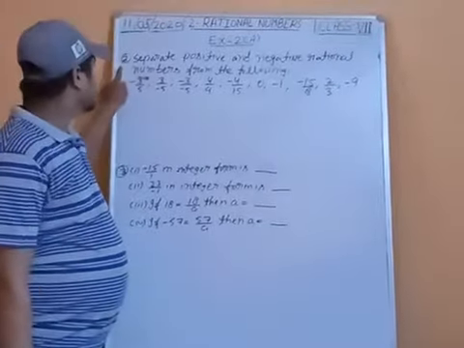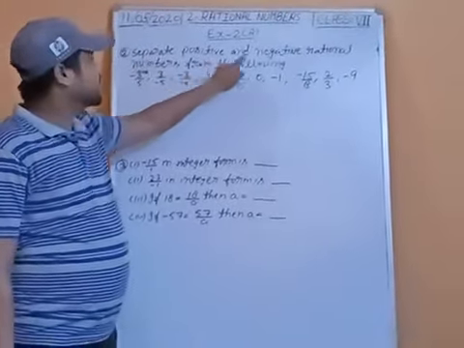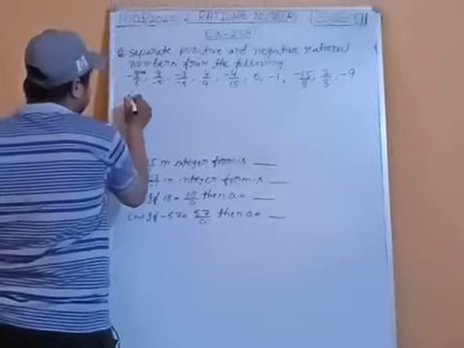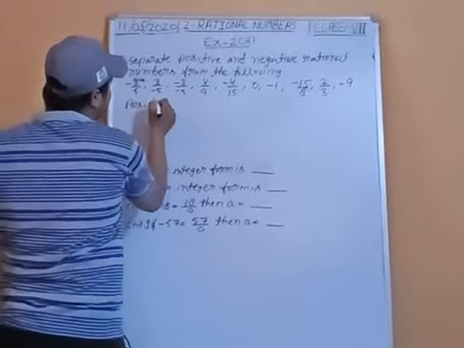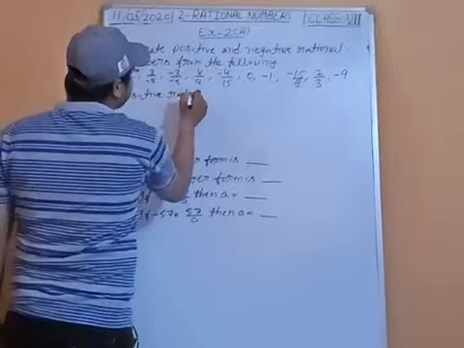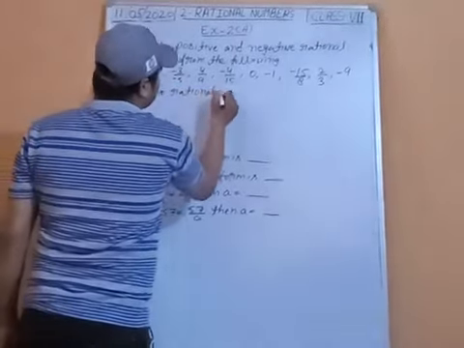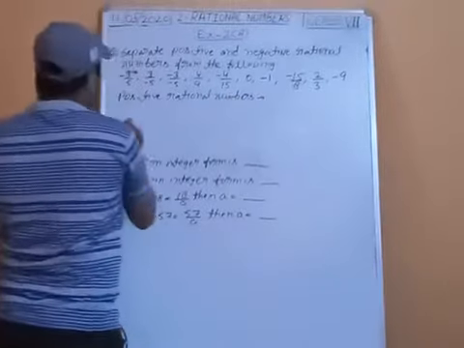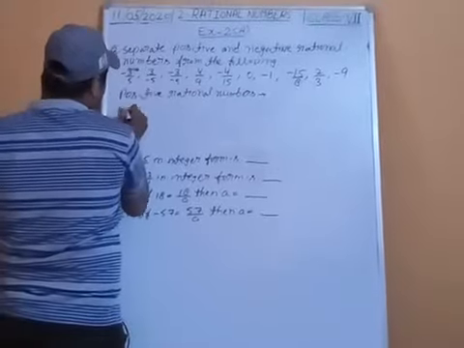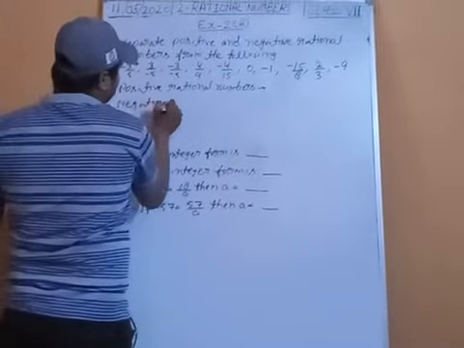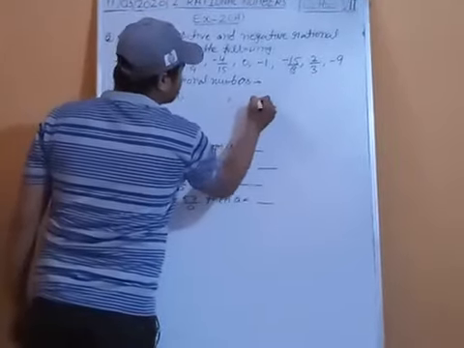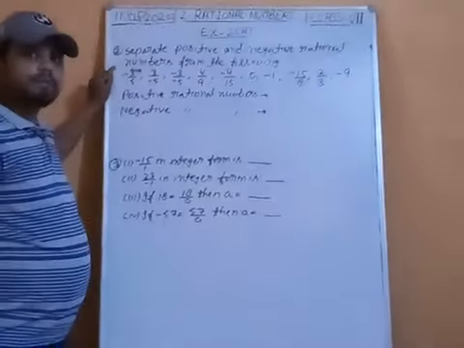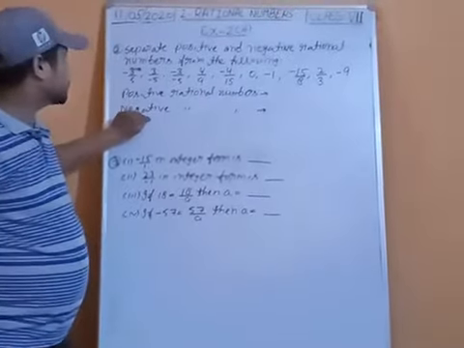So students, second sum is, separate positive and negative rational numbers from the following. So first we will write here positive rational numbers. Then negative rational numbers. So see, minus 3 upon 5, minus plus, it means negative, so it is a negative rational number.